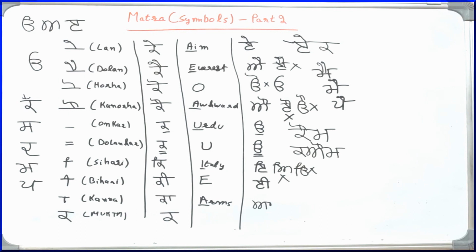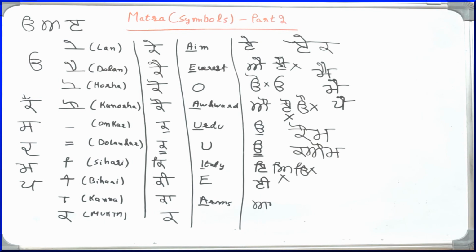Now let's have a chart here so that it will be easy to remember which matras can be attached to these three letters. So whenever you forget, whenever you have a confusion that, okay, I forgot, I have to have the lama, where would I put it? I would put it on Uda, Ada or Edi, right? So if you have these types of questions, usually you will have them when you learn this language.